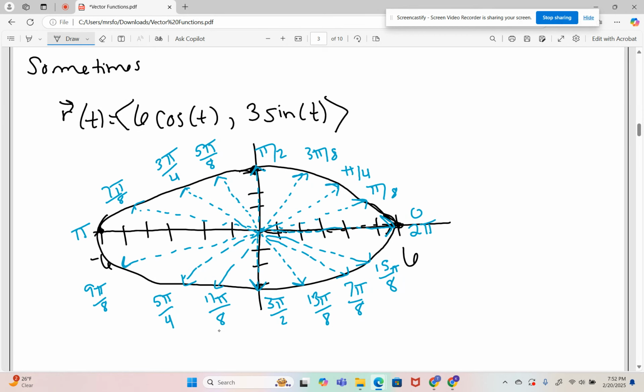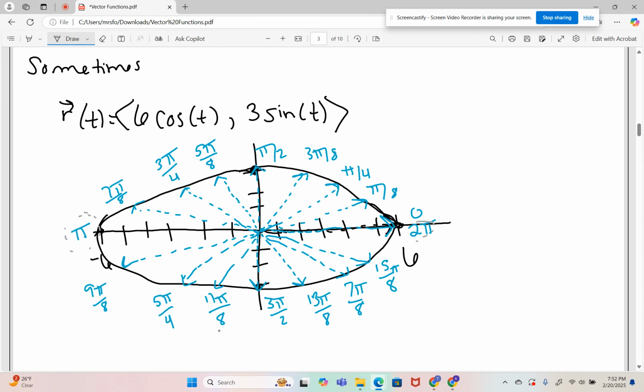So, you're here, that's 0. And as we go around, we have our pi over 8, 2 pi over 8, which is just pi over 4, 3 pi over 8, then pi over 2, 5 eighths, 6 eighths pi, which is 3/4, 7 eighths pi, 8 eighths pi, which is just pi. And if you think about that, if you know this is pi, like when you get back around, that's also 0.